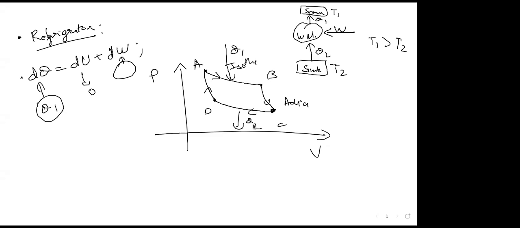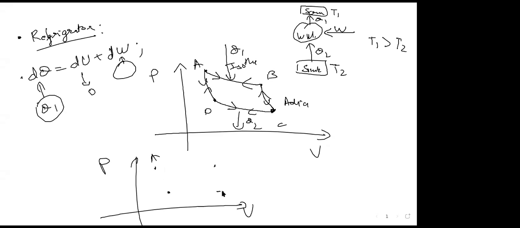In a refrigerator, it's essentially the same thing, but the opposite process is happening. So essentially, what is happening? On the PV diagram, you're starting from A, but now you're going to D. How are you going to D?